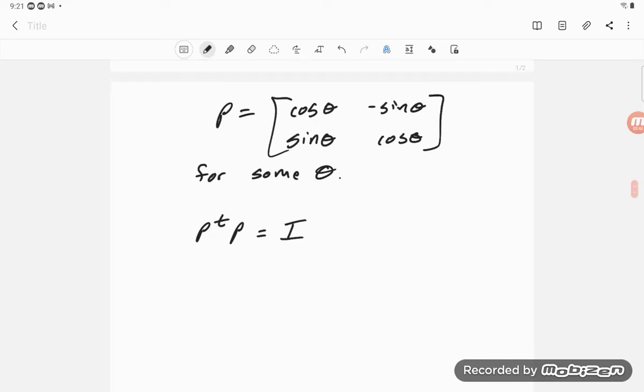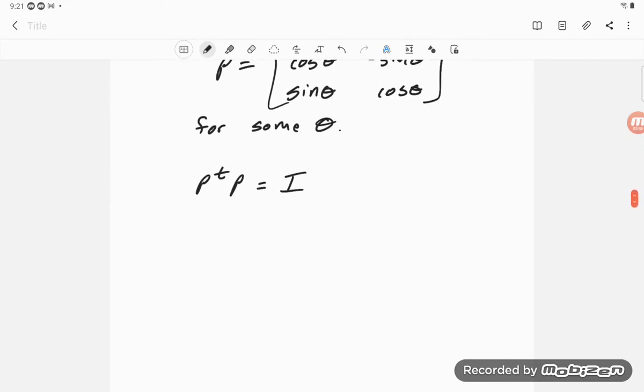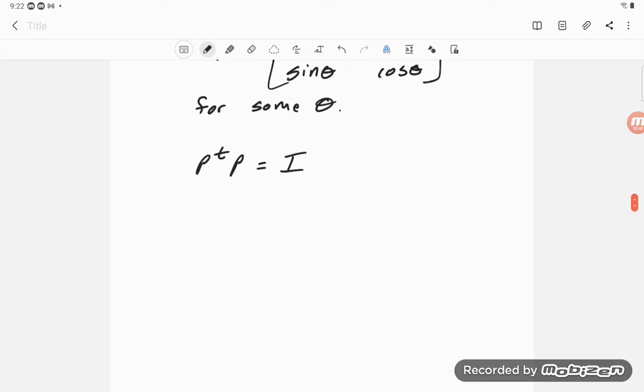So given it's 2 by 2, I guess I could say P is A, B, C, D. I do know it's real valued, so I don't have to worry about complex numbers.